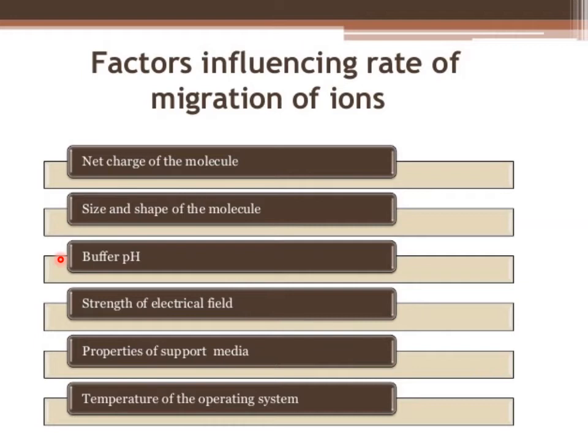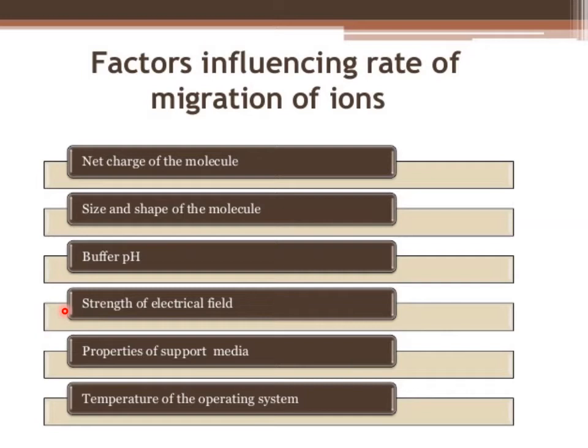So if the concentration of a buffer is more, then the electrophoretic pull on the molecules is also greater, which results in a greater rate of migration. If the concentration of the buffer is low, then the number of ions in buffer are also low, and hence the migration rate will be decreased.